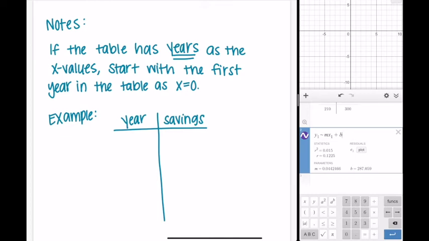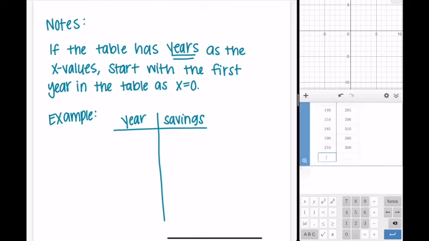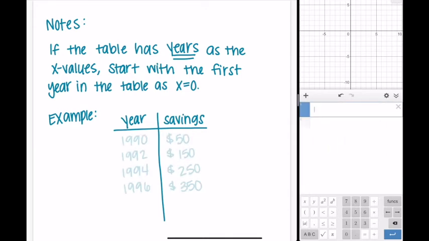Finally, before we end this lesson, I want to remind you that if the table has dates or years specifically as the X values, you're going to want to enter 0 as the X value in the table in Desmos instead of the actual year date that's given. So instead of typing 1990 as our X value, we are going to type in X equals 0 as our beginning value instead.